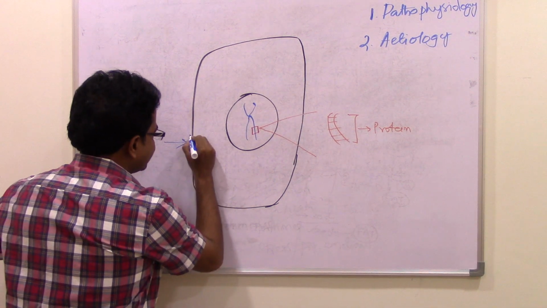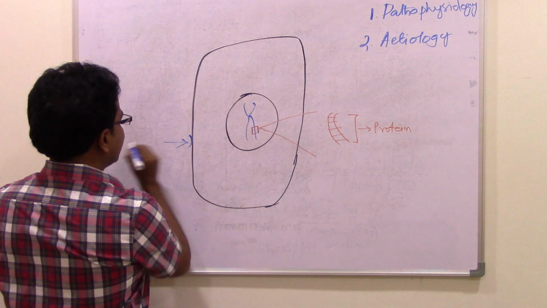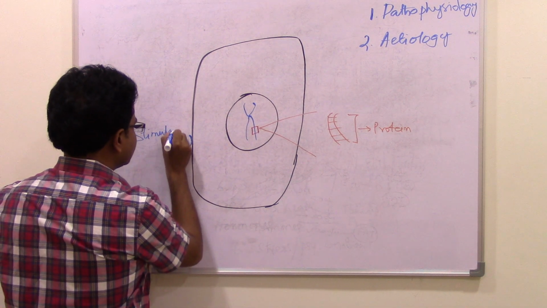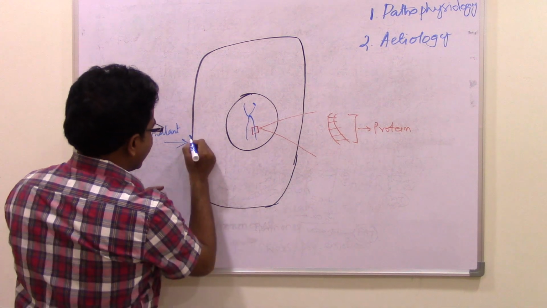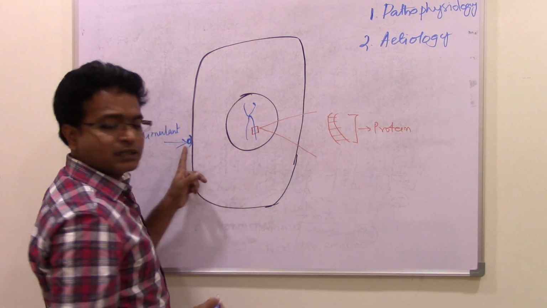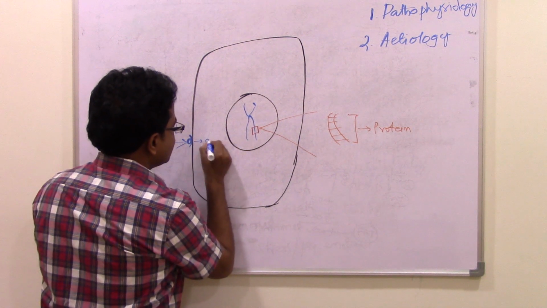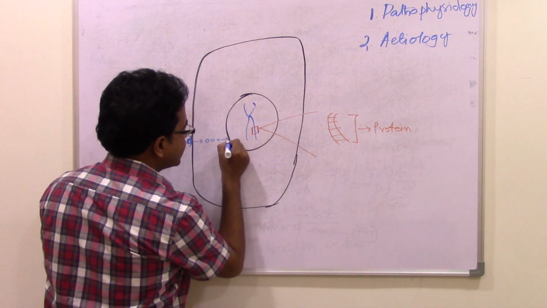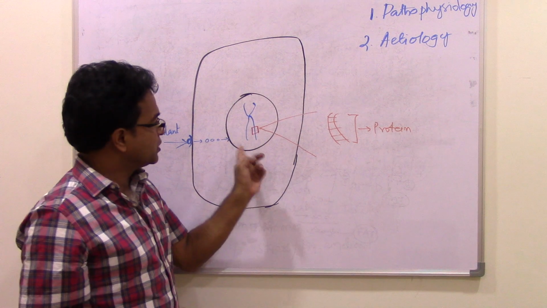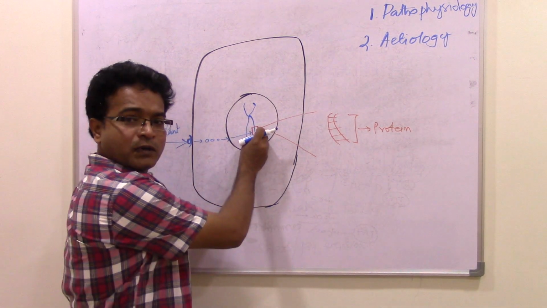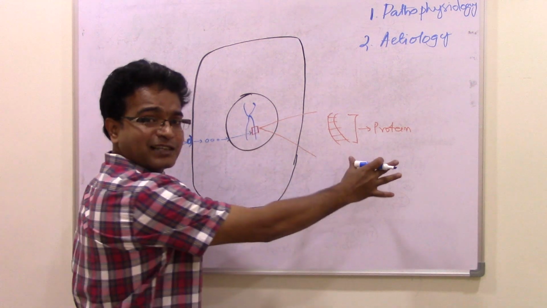So if there is a molecule or a stimulant coming here and speaking to the cell, right? And this receptor leads to activation of few more proteins, and they come to the nucleus, and from there they go to the gene in a chromosome, and it is expressed.